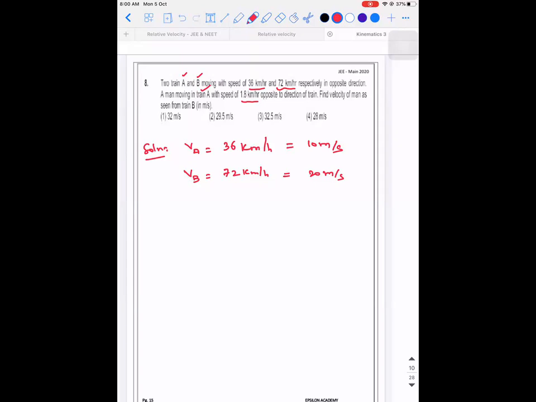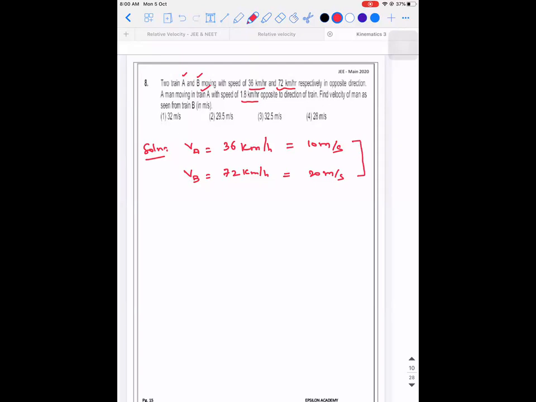So what have they told? So what is the data I need to take? VAB. The velocity of A with respect to B will be minus 10 meter per second. They have given 1.8. No.